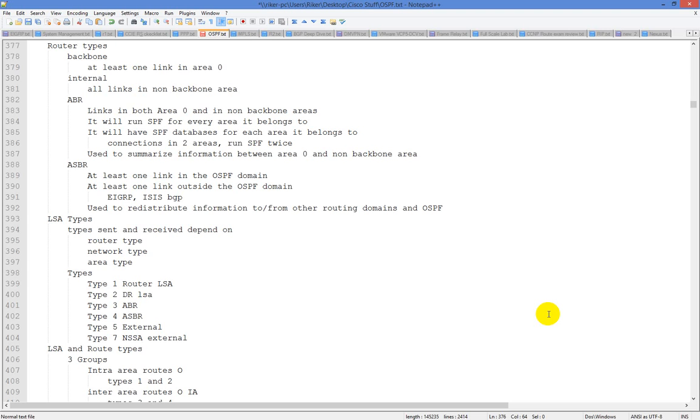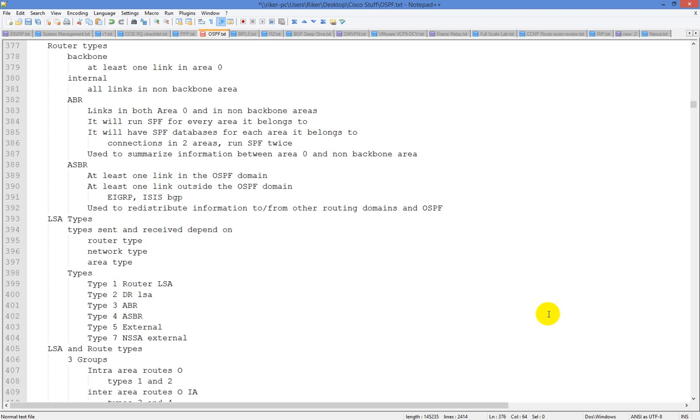Now, it says one link in the OSPF domain, and that technically is true. It doesn't have to be area 0. These are all variations of how it can work out. So let me break this down. If you have a router with a link in area 0 and in a domain outside of OSPF, ASBR.